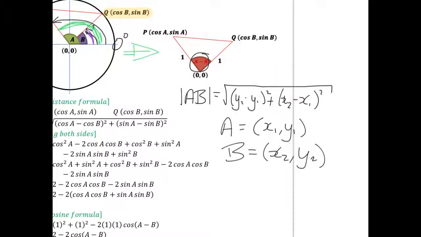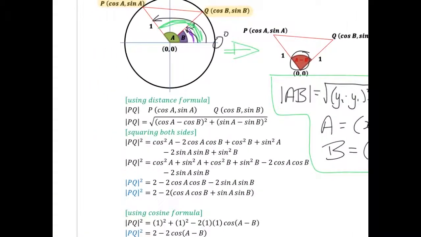So we're just going to use this formula here with our points P and Q. So we see here we have our point P and our point Q. We're just going to fill in our x2, our x1, our y2, and our y1 into our formula for the distance between P and Q. Then we're going to square both sides to get PQ squared equal to the inside of this square root, because the square root will cancel when we square it, and we multiply out each of these brackets as well.